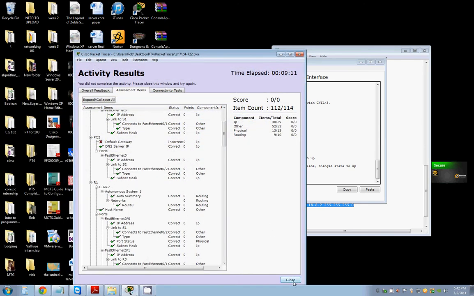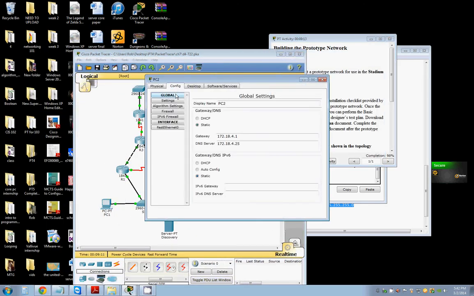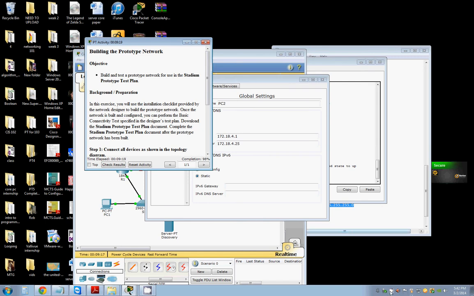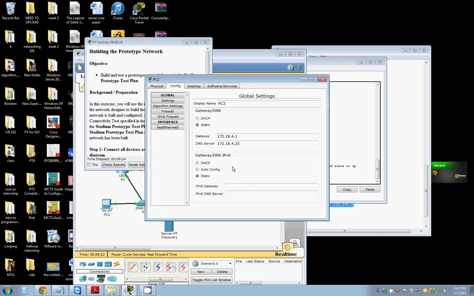Check its default gateway first. Alright, and this is supposed to be .8.1. Okay. So that should fix that problem.